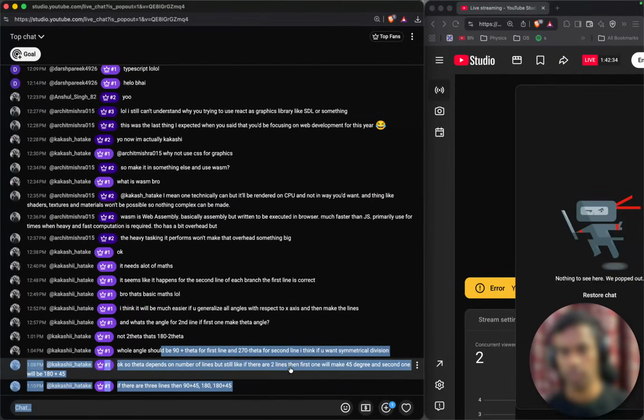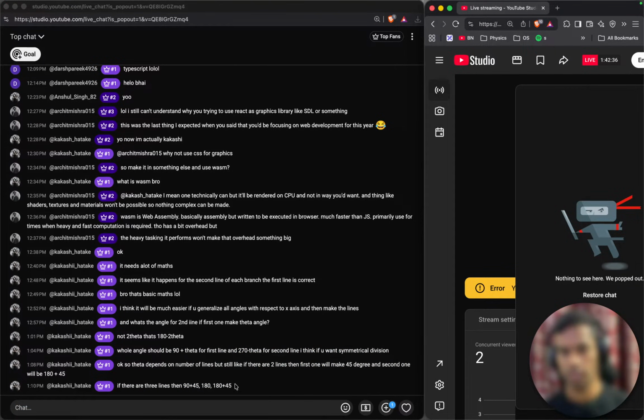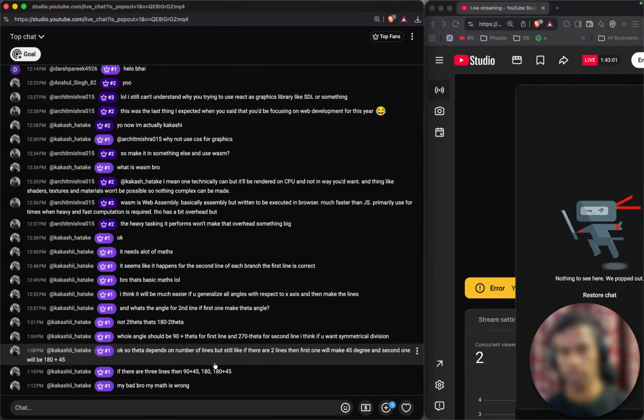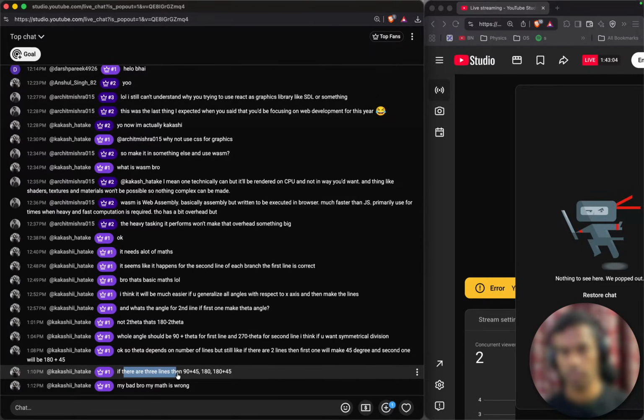That is wrong. So theta depends on the number of lines. If there are two lines, then the first line will make 45 degrees and the second line will make 180 plus 1. If there are two lines, then theta will be equal to not 45 but 60, because we are dividing 180 by 3. So 60. If there are three lines, then 90 plus 45.